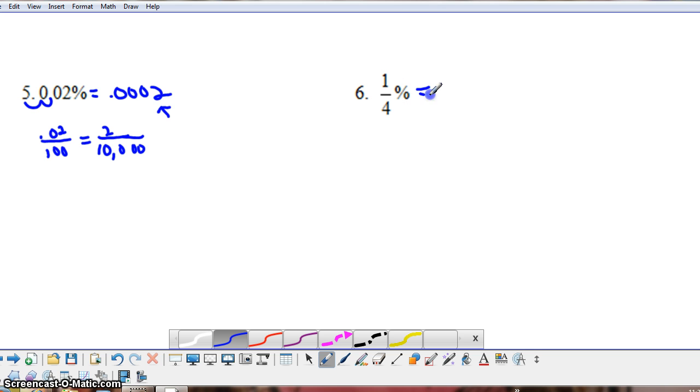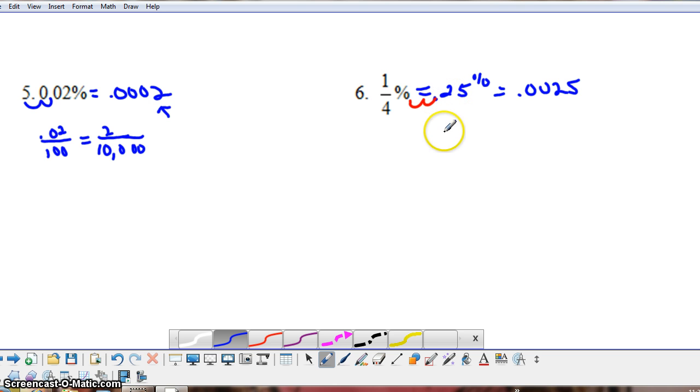This one here, I'm going to think of this as 0.25%, because I recall that a quarter is the same as 0.25 as a decimal. So this is 0.25%. And then moving the decimal 2 places to the left, we would have 0.0025. And once again, you might think that's a bit strange, but remember, percent means per 100.